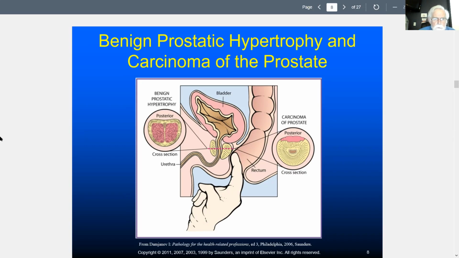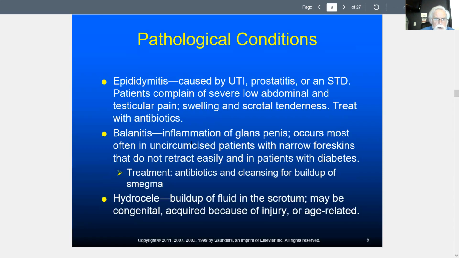But usually we do a field test. Obviously, this guy is wearing gloves. He's reaching into the rectum of the patient and feeling this little walnut-sized prostate here, and just feeling the size and the texture. So there can be all sorts of pathological conditions, infections, inflammations of various structures.